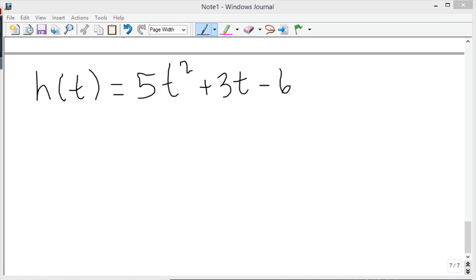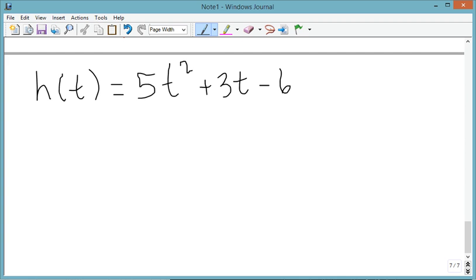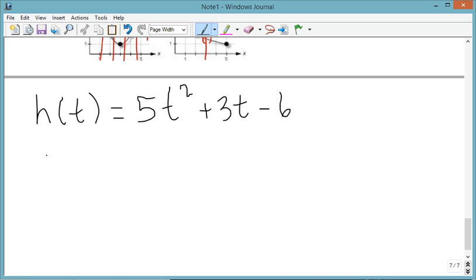So it doesn't have to be x. So here's a function h of t equals 5t squared plus 3t minus 6. So all this means is that this is a function of t instead of a function of x. T is the domain. H of t is the range, right? So look what happens if I put a negative in.